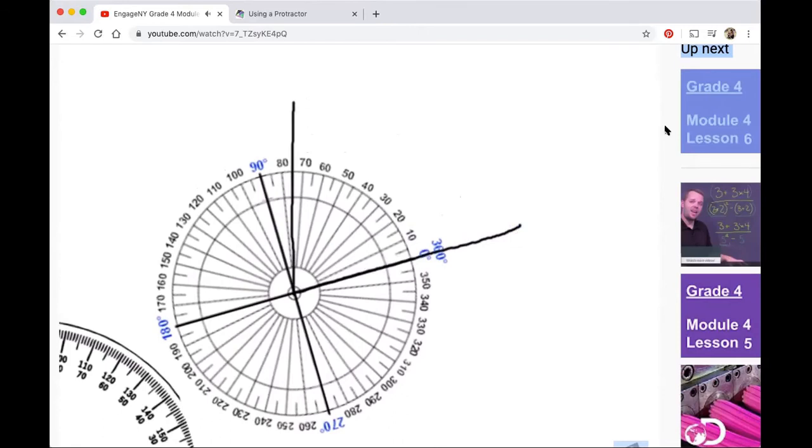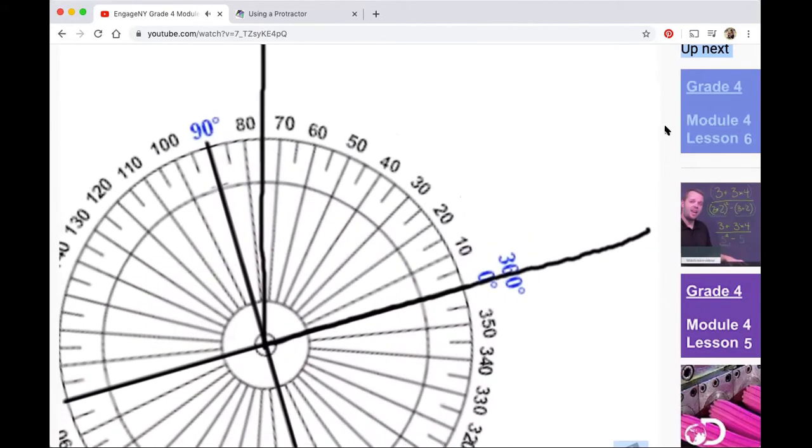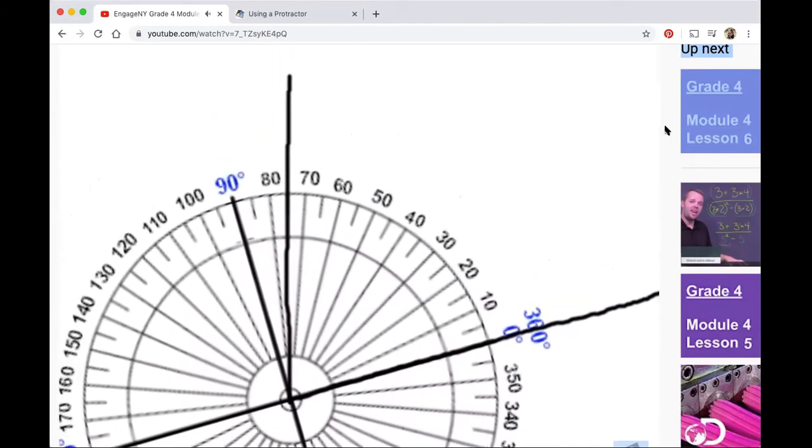So now I can zoom in and I can see that my angle starts here at 0 and it goes 10, 20, 30, 40, 50, 60, 70. That looks to be exactly 75 degrees. So I can measure that and it's 75 degrees.